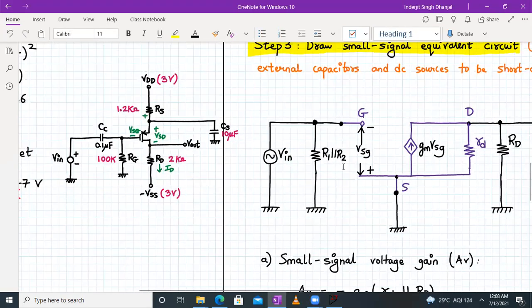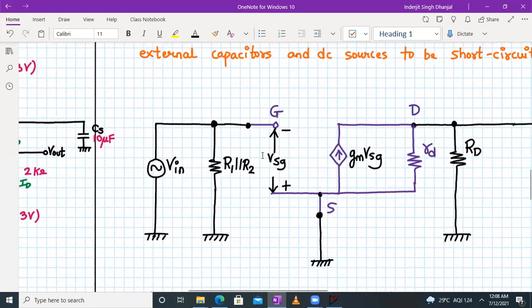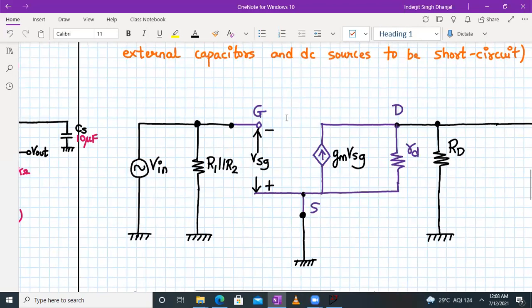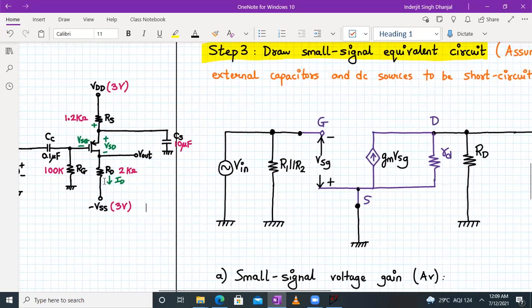If you look carefully, we have replaced the MOSFET by its small signal model. So here is my small signal model. Between the gate and source, we have open circuit, just the voltage VSG. And the current is flowing from the source to the drain terminal, as you can see the direction of current ID.